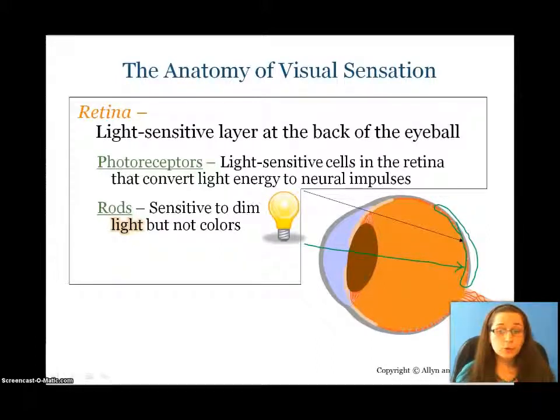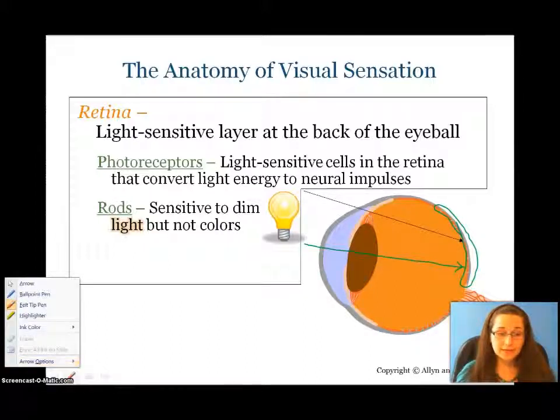And the retina is made up of photoreceptors, which are there for light, and there are two different types of photoreceptors: rods and cones. The rods are the photoreceptors that are sensitive to light, so this is what tells you whether it's daytime or nighttime.